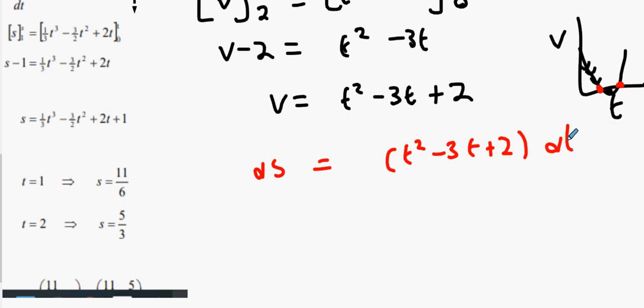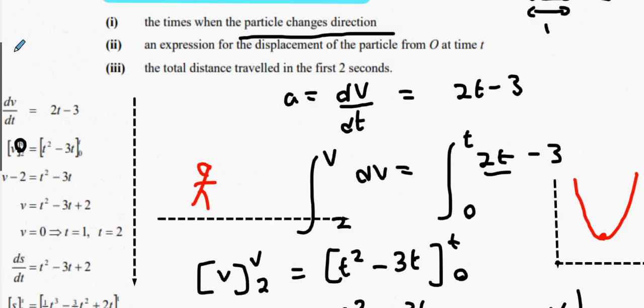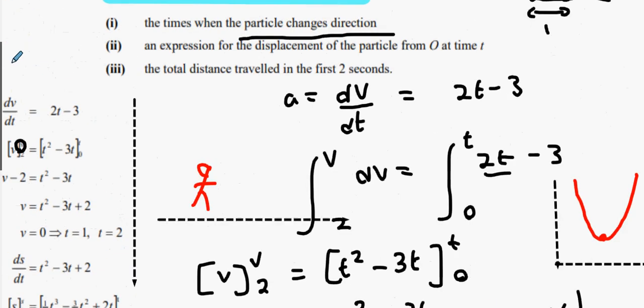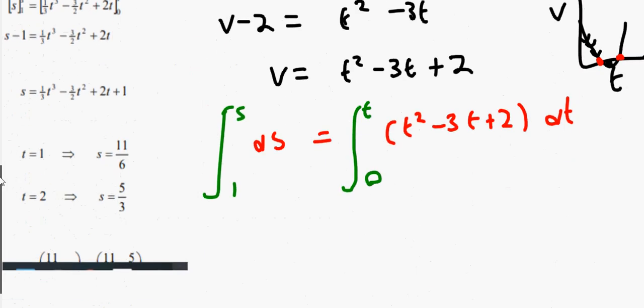We all good? Now, what are the limits, do you reckon? What does it say at the beginning? You're a distance of 1 away at 0, and we want s and t, because if you reread the question, it wants the distance in terms of time. We all good? Alrighty.